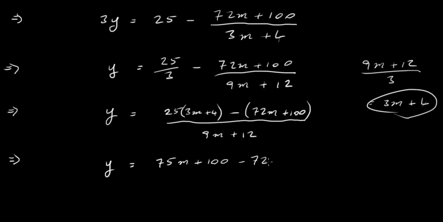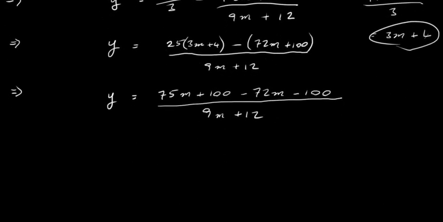Minus 72m minus 100, since minus times plus is minus. On the bottom I end up with 9m plus 12. So 75m minus 72m will just give me 3m. Plus 100 minus 100 will give me 0. And on the bottom I end up with 9m plus 12.